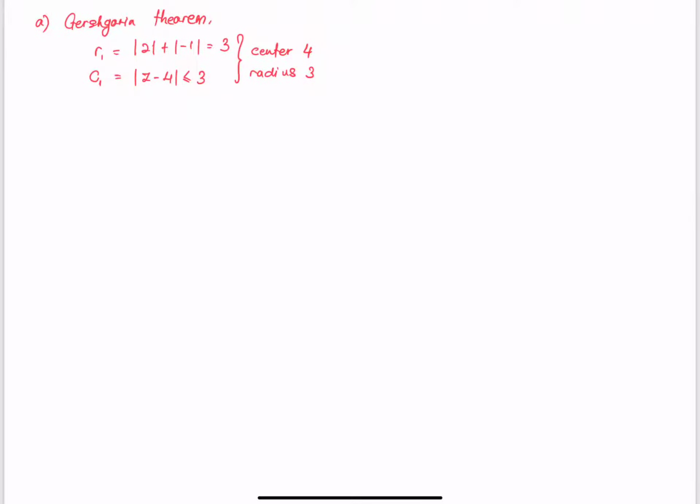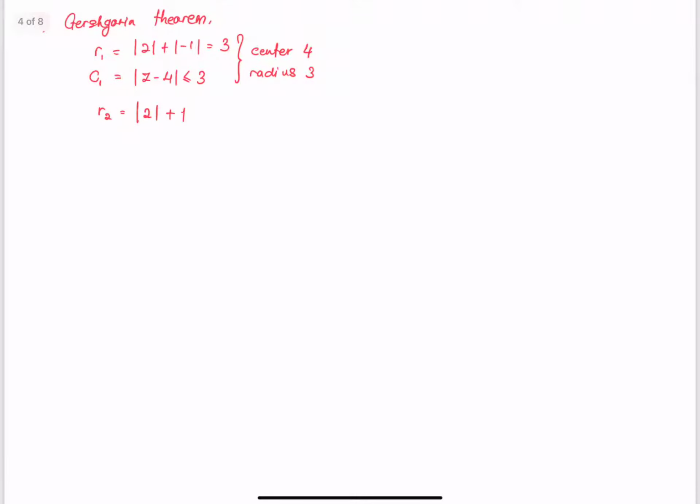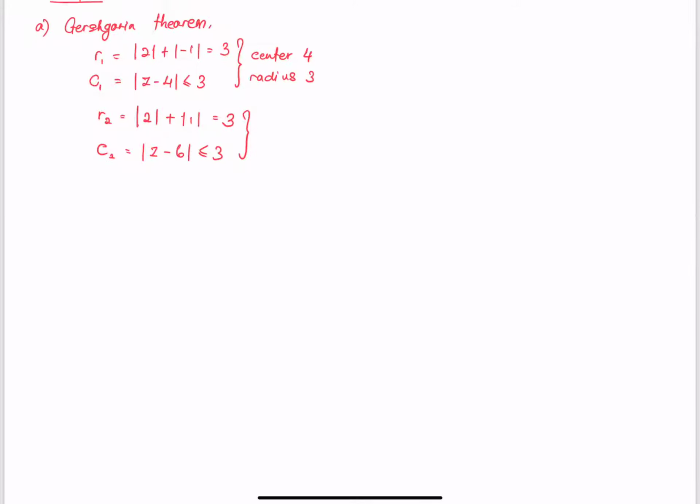Then we move on to the second row. R2 is equal to the absolute value of 2 plus 1, which is also equal to 3, while C2 is |z minus 6| less than or equal to 3. From the second row, we have a circle centered at 6, while the radius is 3.